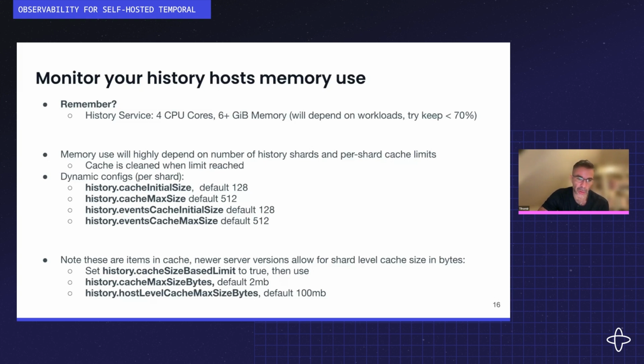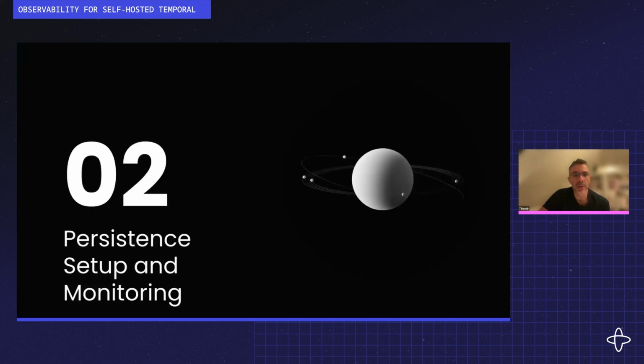When we set it to true, we can also set the cache size by bytes. So we have history cache max size bytes and host level cache max size bytes that we can set on the whole host level rather than the shard level itself. So hopefully these dynamic configs can help monitor and also limit the memory used by your history service on your cluster.